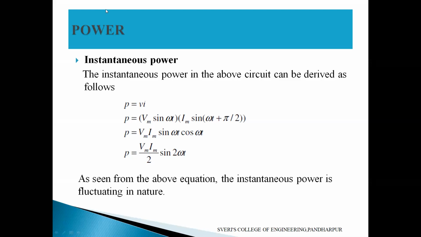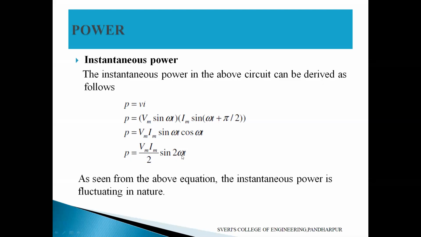The instantaneous power in the above circuit can be derived as follows. P equal to VI, substitute this, so P equal to Vm Im by 2 sin 2 omega t. This sin 2 omega t is a fluctuating part, as omega t varies from 0 to 360 degrees.